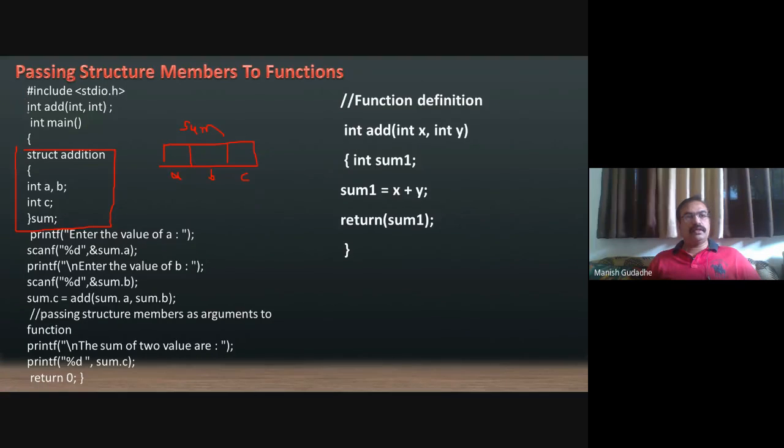So let us see. A function is declared by the name add, which is taking two integers as arguments, and it is also returning one variable of type integer. When we go to main, we have declared a structure, and we are entering the values of its members, sum.A and sum.B. Now I want to pass these two members to the function.